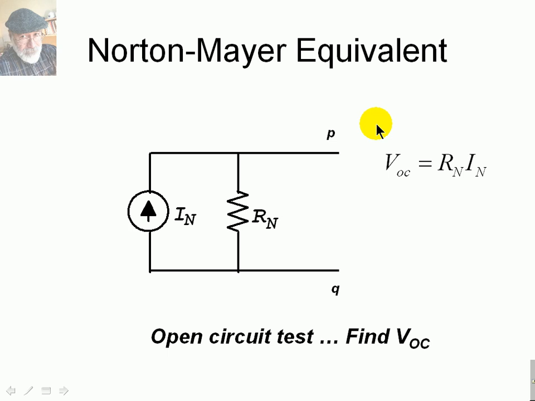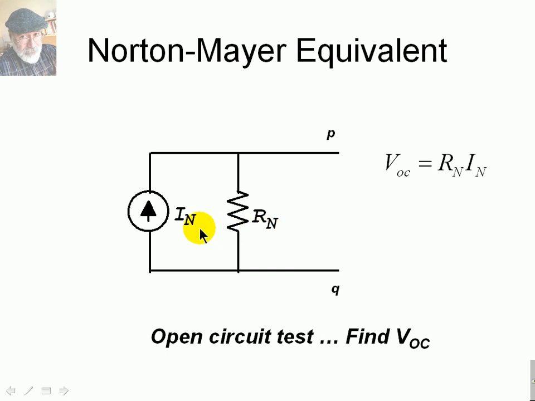The Norton-Mayer equivalent states that any network that has resistors and sources can be simplified and represented from a given port PQ by a current source in parallel with a resistor.